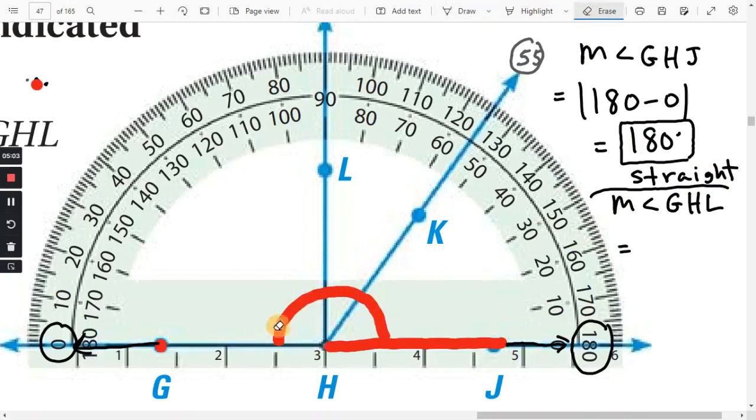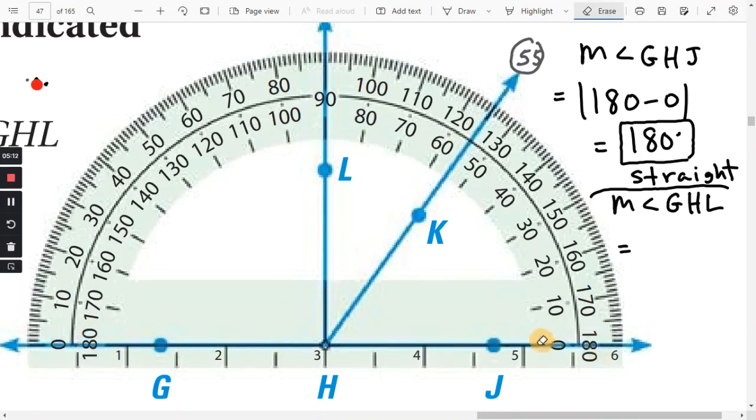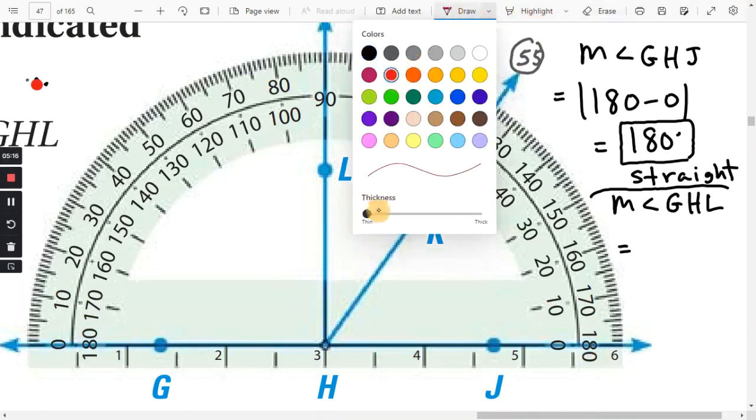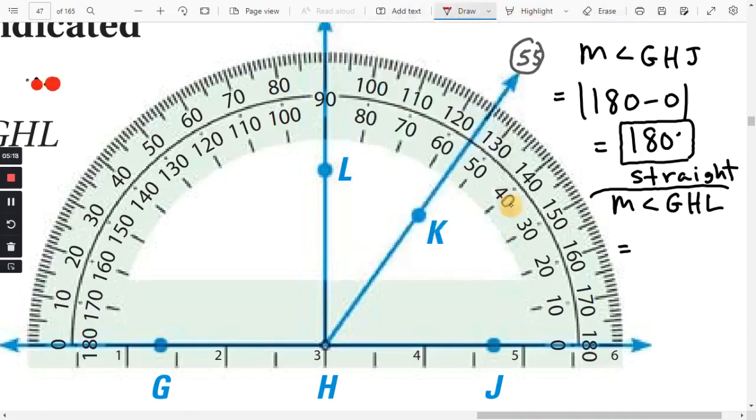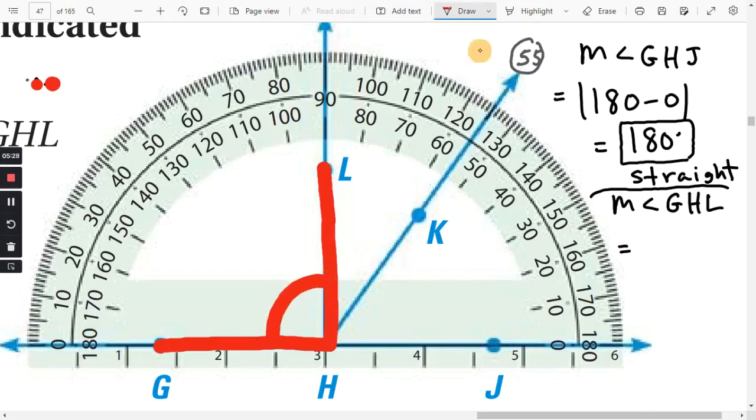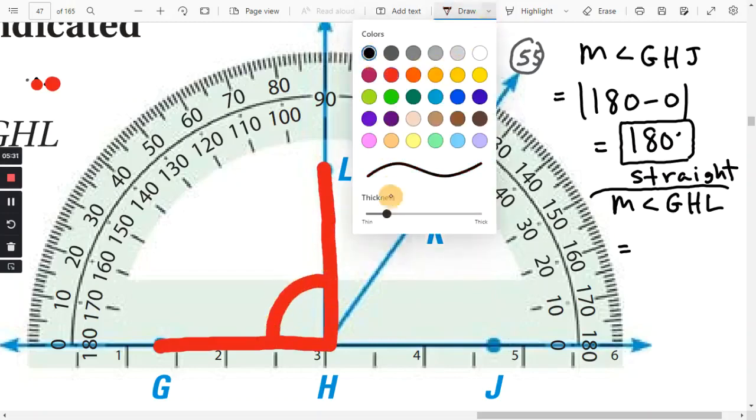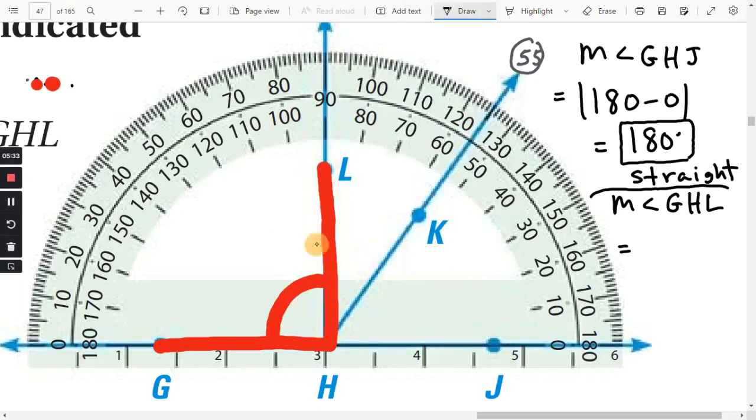All right, let's look at GHL. Okay, GHL. So G, H, L. All right, so we're looking at this angle right here. So let's choose the numbers on top again.